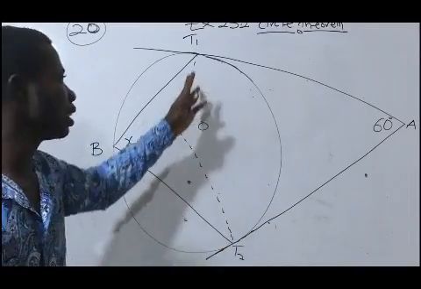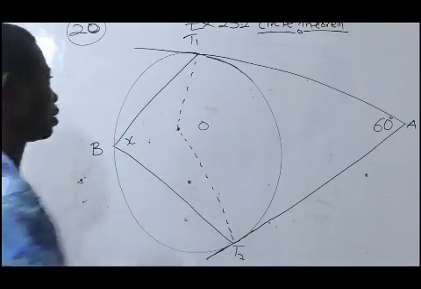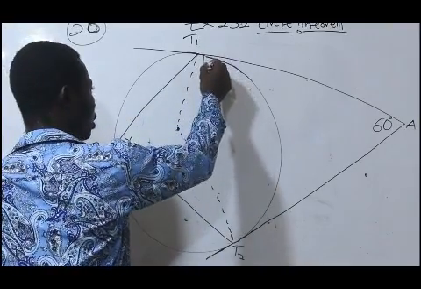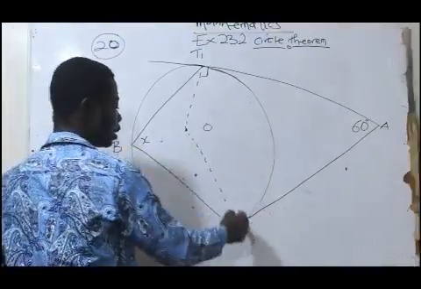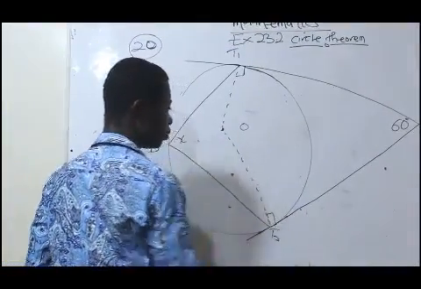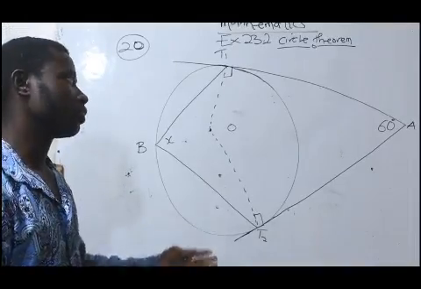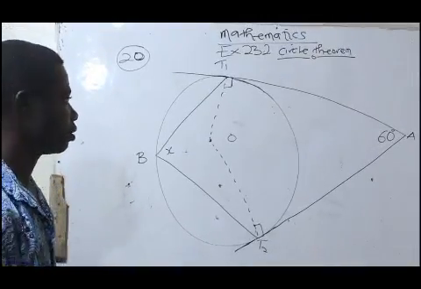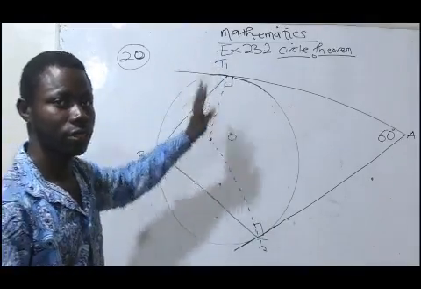And a radius meets a tangent at the circumference of the circle, and it makes 90 degrees. So we have 90 degrees here and also 90 degrees here. And we know that the sum of interior angles in a quadrilateral is 360. So already we have 180.